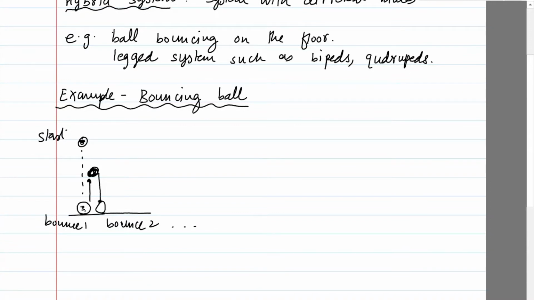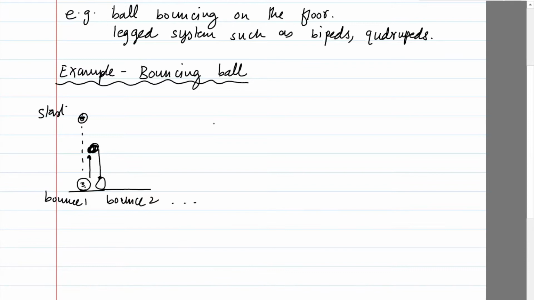Now I'm just showing it moving slightly to the right. It's really falling in the same place, but I can't quite show it on the same line. So I'm just drawing it at different points, but you get the idea. It basically bounces up and down till it eventually dies out. Okay. So the question here is, how do we analyze or simulate such a system?